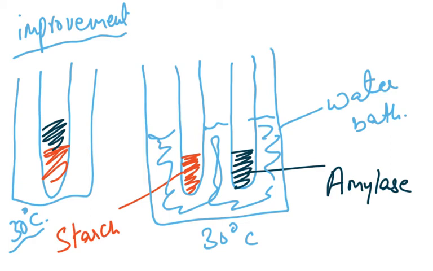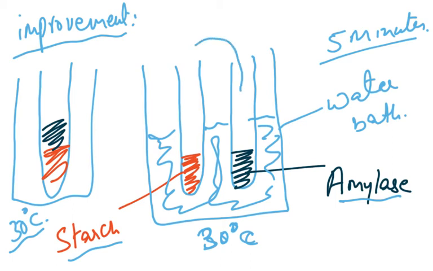So the improvement on this practical is that you need to keep them separately first. The amylase is separate and the starch is separate. You keep this for 5 minutes so that both the amylase and the starch are at the same temperature, in a water bath at 30 degrees Celsius. Then after 5 minutes, you mix the two.